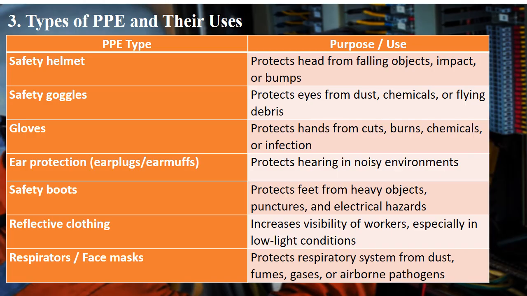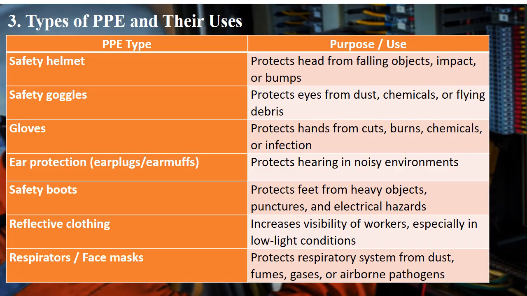Reflective clothing, like a highlighter vest, increases the visibility of workers, especially in low light conditions or during night time. So you have to wear a highlighter so people know that you are there. Respirators or face masks protect the respiratory system from dust, fumes, gas or airborne pathogens.